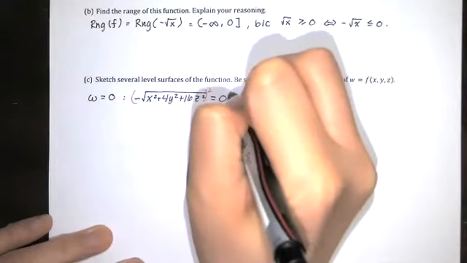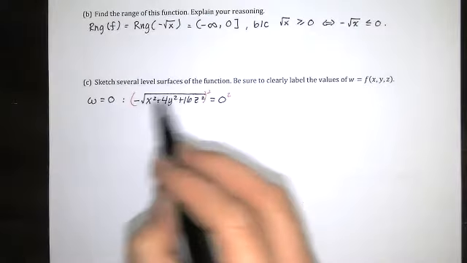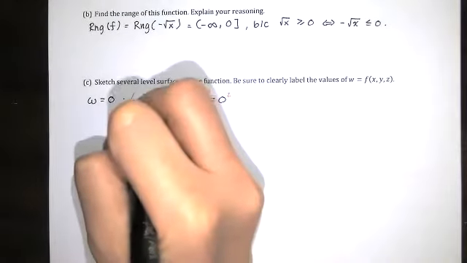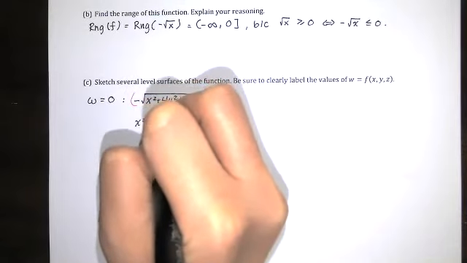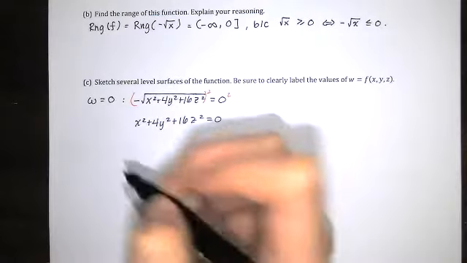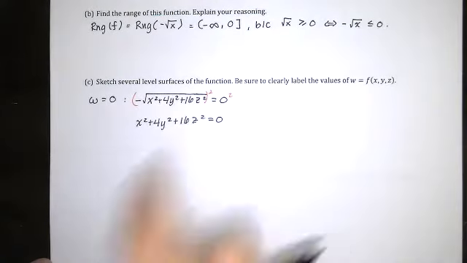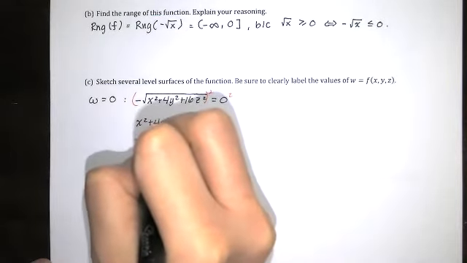If you want, you can multiply both sides by -1 first. It doesn't matter. We're going to square it anyway. A negative times a negative is a positive, and then we end up with x squared plus 4y squared plus 16z squared equals 0. Now the only way that happens is if x, y, and z are all 0. Otherwise, these would be positive and we wouldn't get 0 over here.